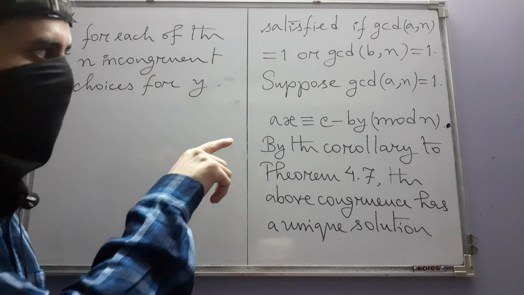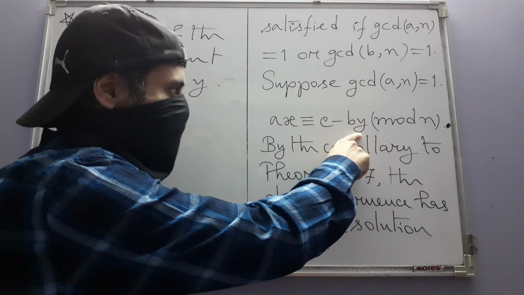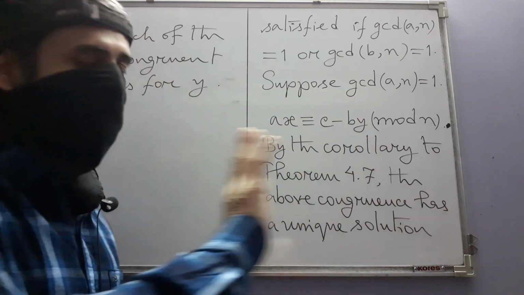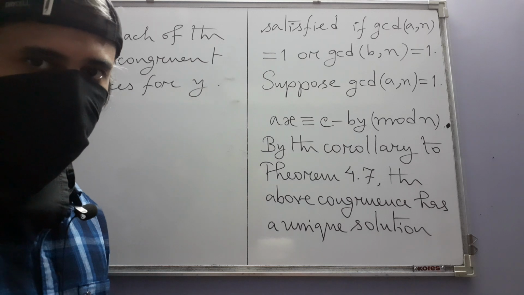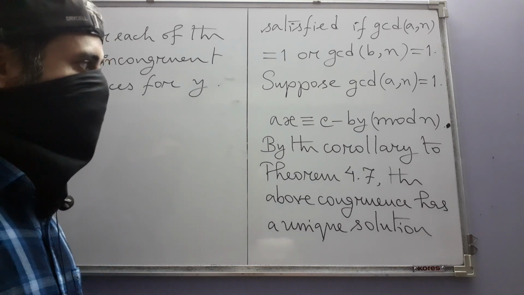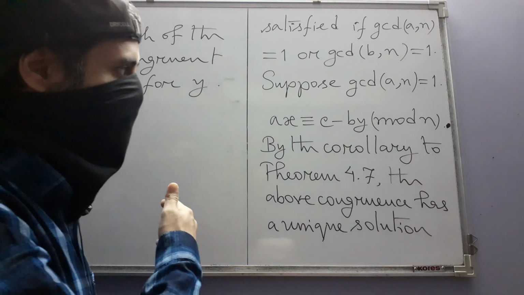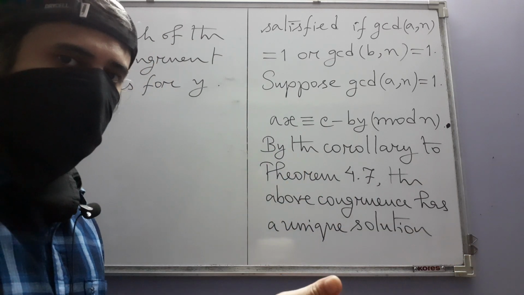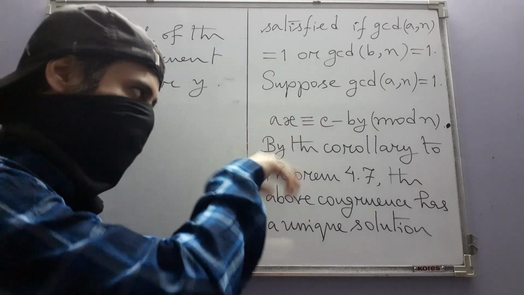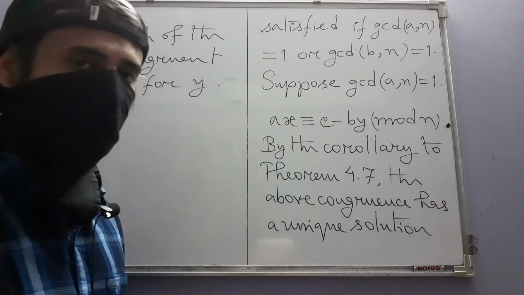But because we are talking about the modulus n, you can choose n values of y which are incongruent to one another, and those n values are 0, 1, 2 like this up to n minus 1. If you go beyond this, those values again will come back because you are talking about modulo n.